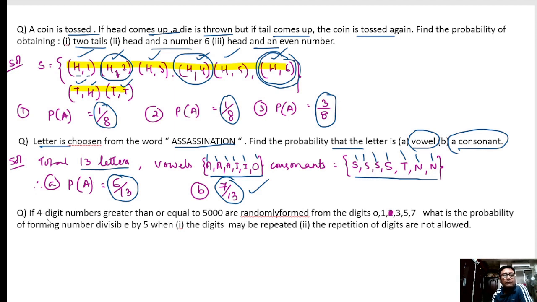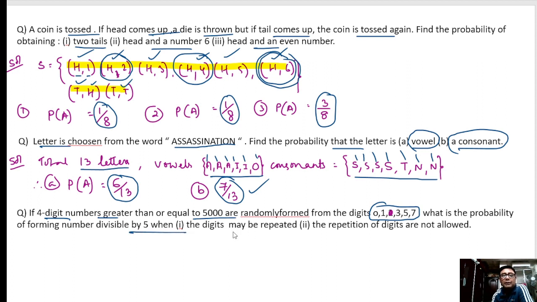Next question, a 4-digit number greater than 5000 I have to form using these digits. How many numbers are there divisible by 5?